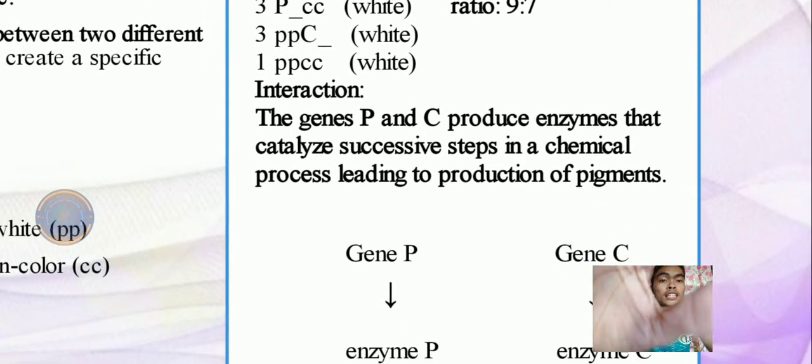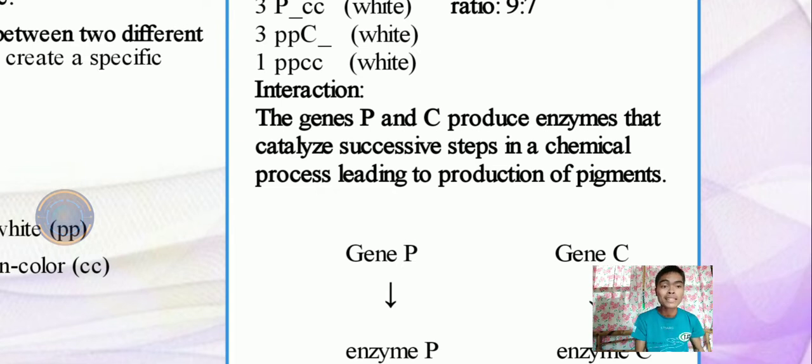Since the genes P and C produce enzymes that catalyze successive steps in a chemical process leading to production of pigments. Nagpo-produce ito ng enzymes na nakapagbibigay ng ibang kulay.